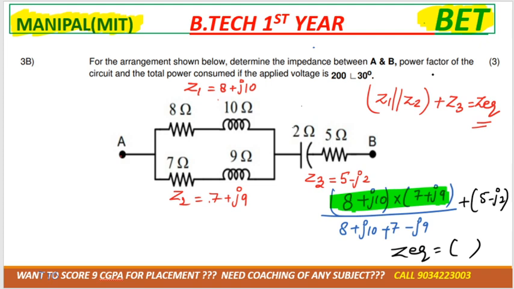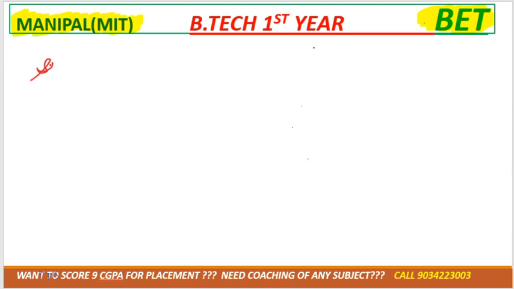Correct? Now they are asking the power factor. So power factor is what? Power factor is the cos phi, and for that we need to get phi. So remember I told you, write it down also. Whenever we'll have series circuit and we need to calculate cos phi, then we'll use R by Z formula.